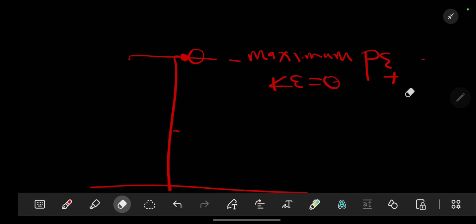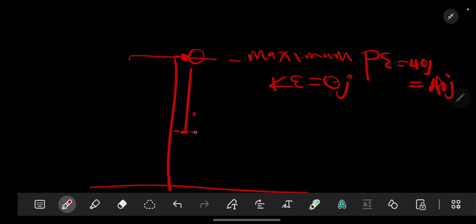Let's plug in some values. Let's say the potential energy at this point is 40 joules, and the kinetic energy here is 0 joules. So we are going to have 40 plus 0, which is 40 joules. Under the influence of gravity, at the midpoint the ball begins to gain kinetic energy, and it will have half the amount of the potential energy.